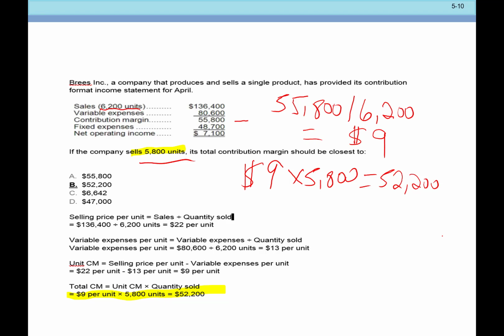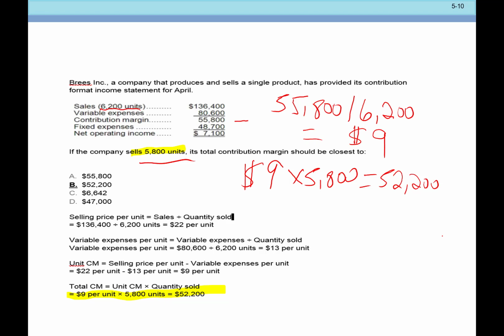Its total contribution margin should be closest to, and what I just did here is I said, well, look, the problem already gave me the contribution margin, didn't it? So all I have to do is divide that by the number of units that were sold to generate that contribution margin, and I get the contribution margin per unit, right? Just divide the contribution margin by the number of units. That gives me the contribution margin per unit.